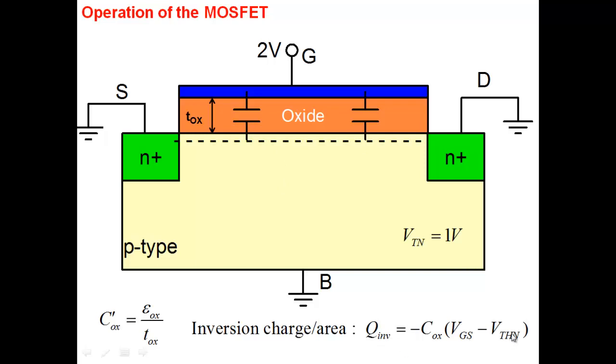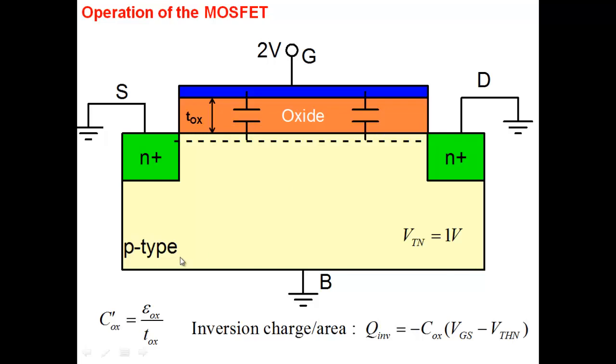Minus because electrons' inversion charge is negative. If it were a p-type MOSFET, it would have been holes here, and I would have put a positive charge.